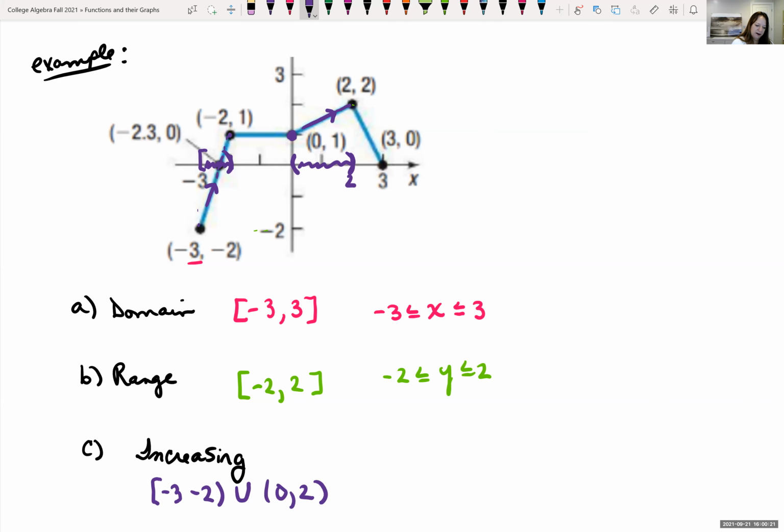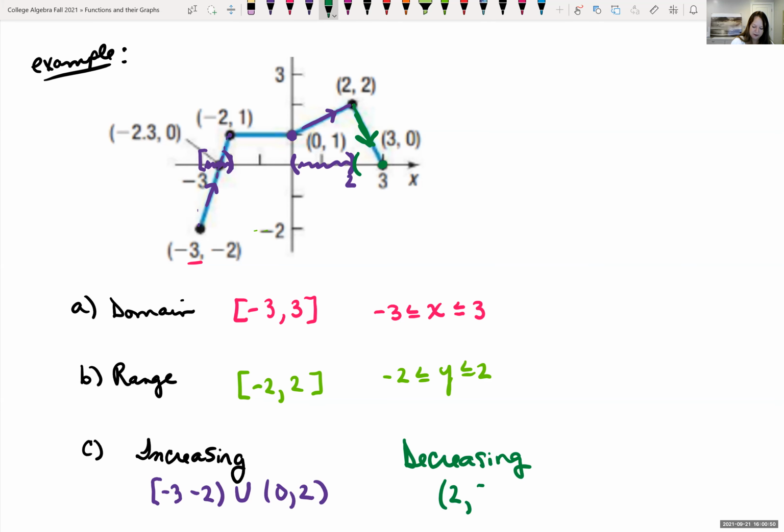If we look at where it is decreasing, where is it going down left to right? There's only one spot in here that I see that the graph heads downwards. Again, I'm looking at the x values, and the x value where it starts going down is at 2. So parentheses 2, comma, and where is it stopping? It stops and doesn't change direction there.